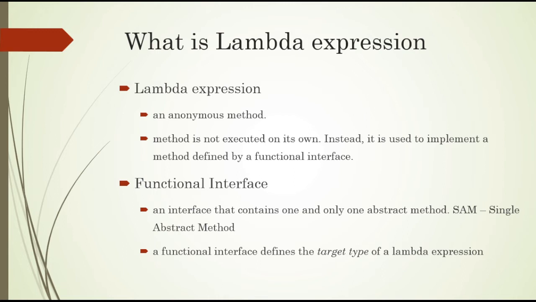Java 8 supports Lambda expressions only with functional interfaces. A functional interface defines the target type of a Lambda expression. That is, the Lambda expression should match the method parameters, return type, and exceptions thrown by the method in the functional interface. These conditions are not new. It is the same as while implementing an interface in a class.